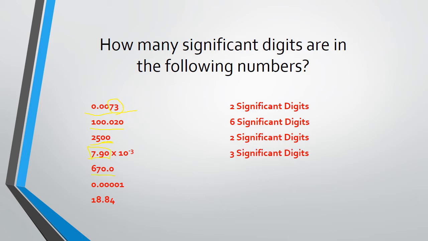All 4 digits, including the last 2 zeros, are significant. 1 significant figure. And last but not least, all the digits are significant figures.